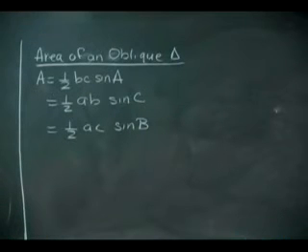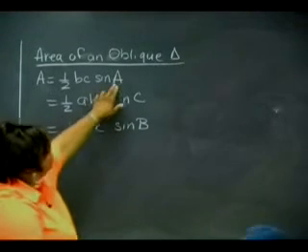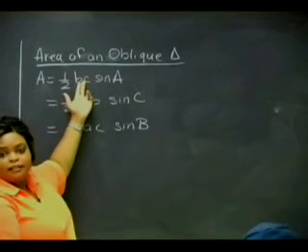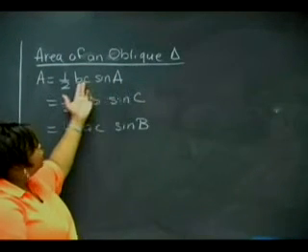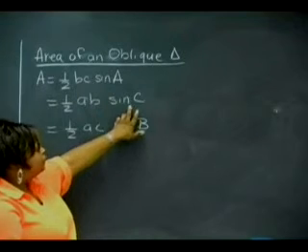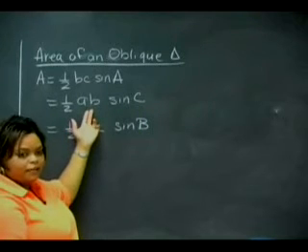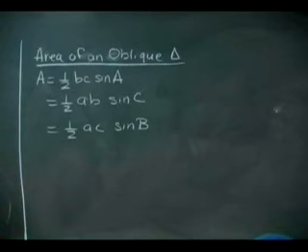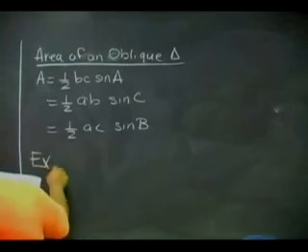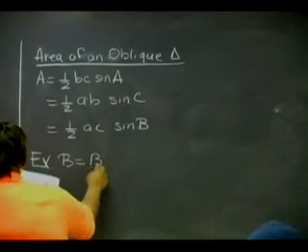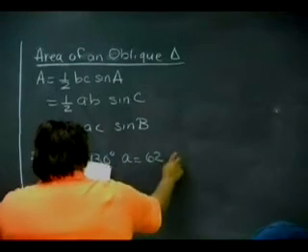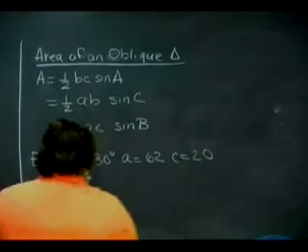Let's note some things about these formulas. Notice the angle that you're given, you're using the other two sides. Sine of angle A, you multiply by bc. Sine of angle C, you multiply by ab. Sine of big B, multiply by ac. So, one example. Suppose we're given that big B is 130 degrees, little a is 62, and little c is 20.